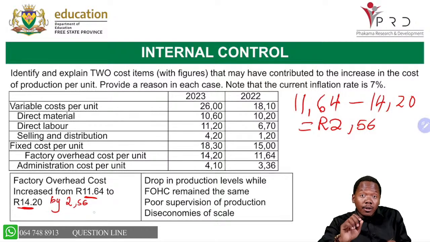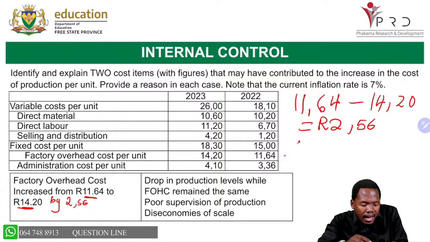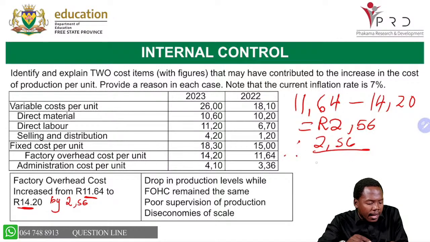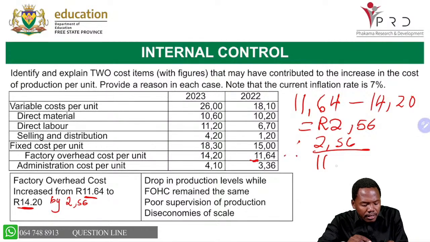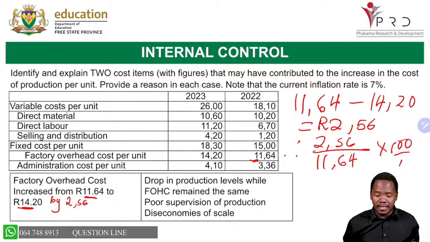Okay? Now, how do I get the percentage? I say now 2 Rand 56 cents divide by the old price. Where is the old price? Which is the 11 Rand 64. That is the old price times 100. Why am I doing this? For me to get the percentage.